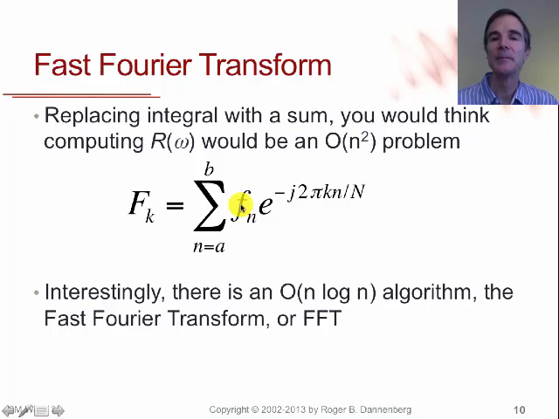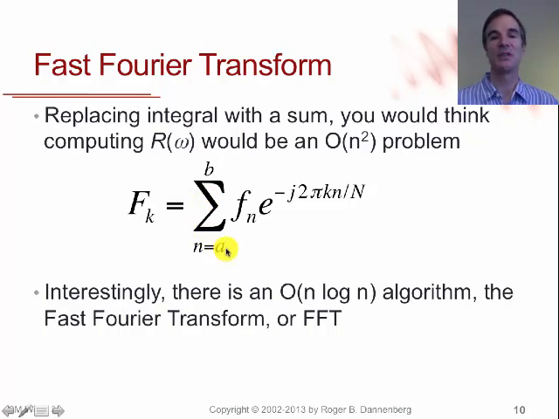And we've taken the real-time function, which used to be f of t, and replaced it by f sub n to indicate that this is a sampled function. And we've taken the integral and replaced it by a summation sign, again, because we're dealing with a finite number of points. And the complex exponential here is analogous to the continuous time version, but instead of continuous time, the parameter is n, which is the index of this summation.